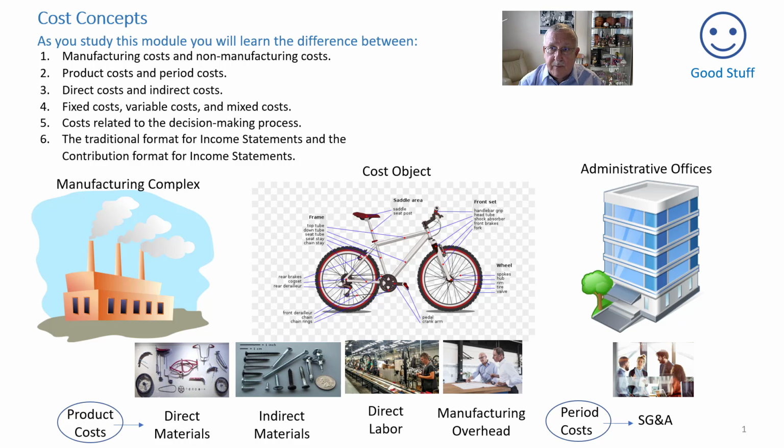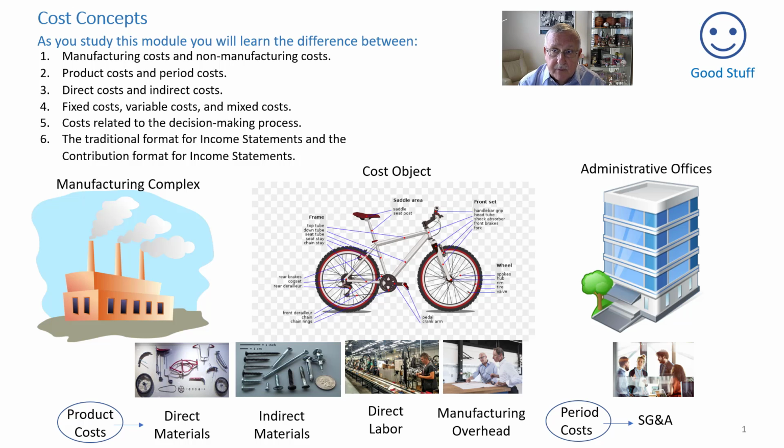Labor can be either direct or indirect. Direct labor refers to the cost of those individuals operating production machinery or working on the assembly line, while indirect labor refers to the supervisors, janitors, quality control individuals, and maintenance workers. Manufacturing overhead, which is the last of the product costs, is an indirect cost.